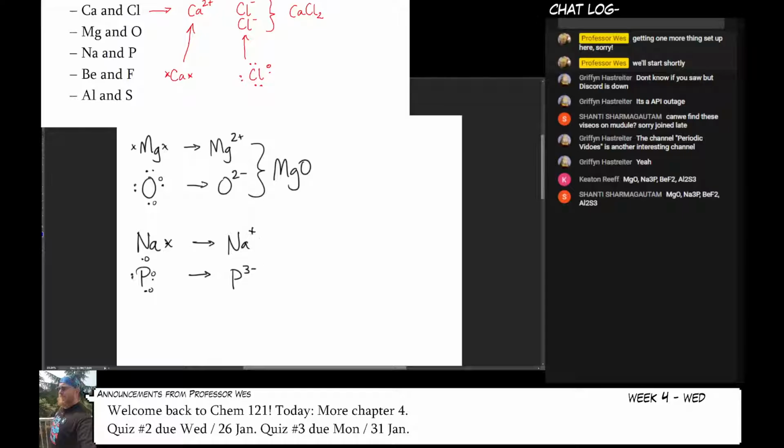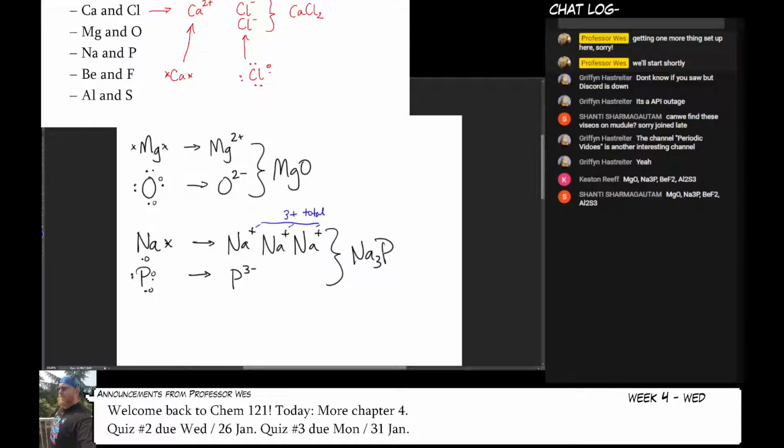And then I just got to balance the charges. Well, I have +1 and -3. That's not going to balance out, so I got to do this. So now I have +3. 1, 2, 3. We'll just do this. I have -3 down there. So there we go, Na3P.